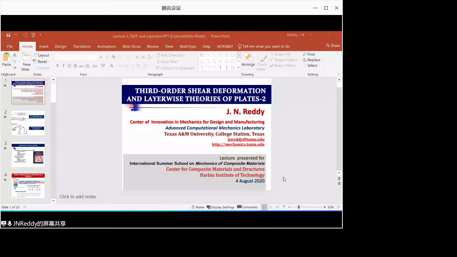So you have to use what we call global-local analysis. Locally, you use very refined elements, meaning layer-wise type elements, and where the stress states are basically two-dimensional, meaning interlaminar stresses are not significant, you can use the first order shear deformation theory.